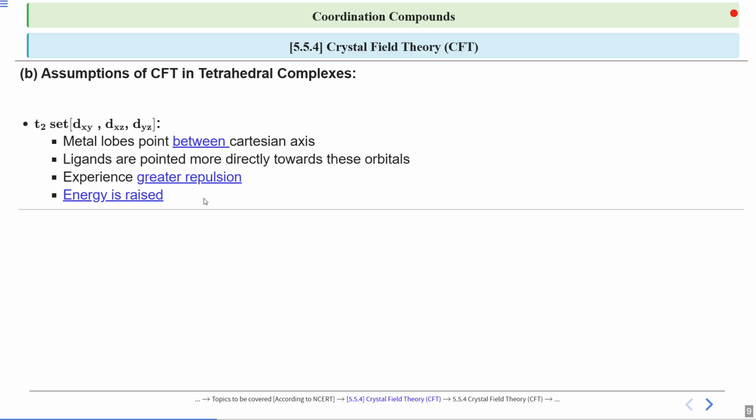So between the E set and T2 set, T2 set energy is higher, E set energy is lower. The reason is simple: in the E set the metal lobes are along the axis and the ligands are between the axis. Meanwhile, in the T2 set, the energy is higher because metal lobes are pointing between the Cartesian axis and ligands are also in a similar direction, causing greater repulsion, which raises the energy.